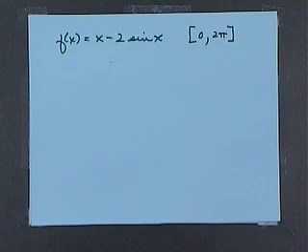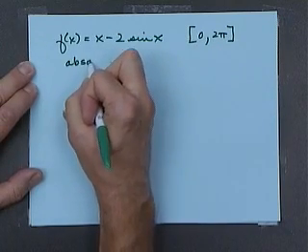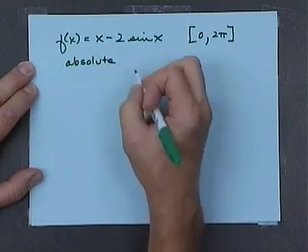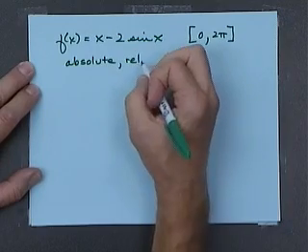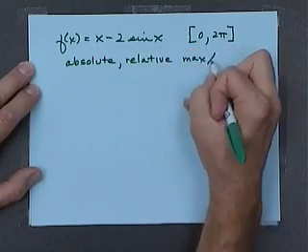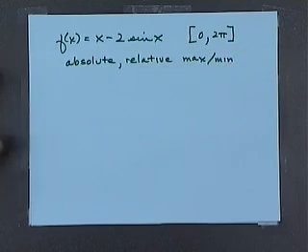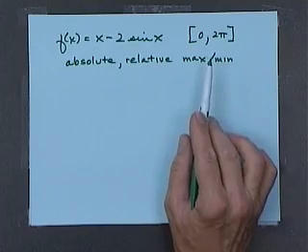So let's find absolute and relative max and min values on this closed interval. Does it have to have an absolute max and min?